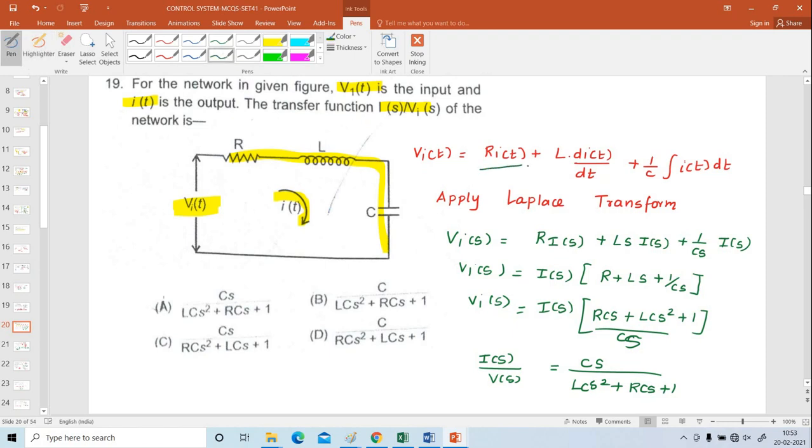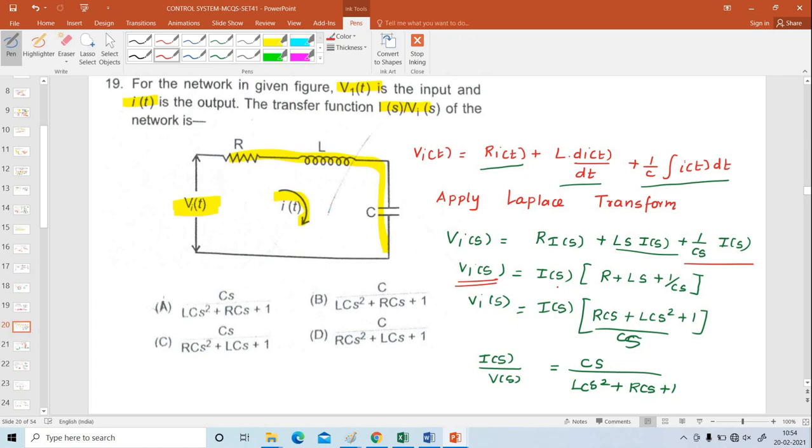So Vi of t is R i of t plus L into di of t divided by dt plus 1 by C into integration of i of t dt. Apply the Laplace transformation. Vi of s is equal to R into I of s plus L into s into I of s plus 1 by Cs into I of s.